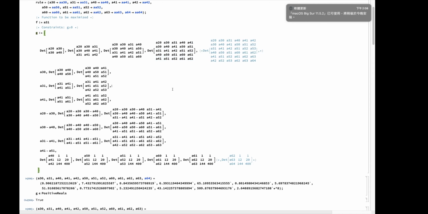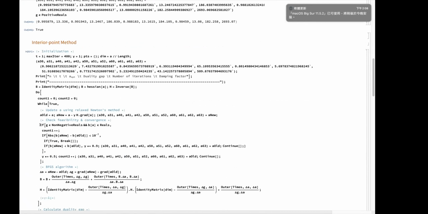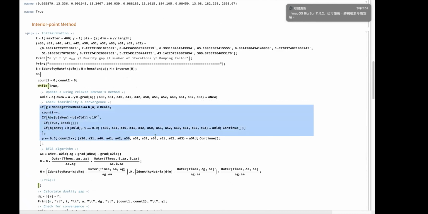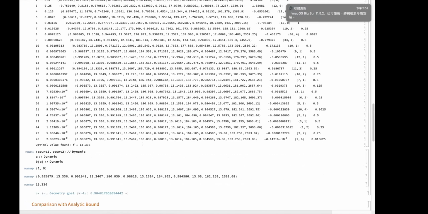Maybe, but I put in many conditional statements to avoid this kind of divergence, and it still doesn't work near the optimal value. So maybe I just got something wrong. Is it because of precision problems? Yeah, I think so.